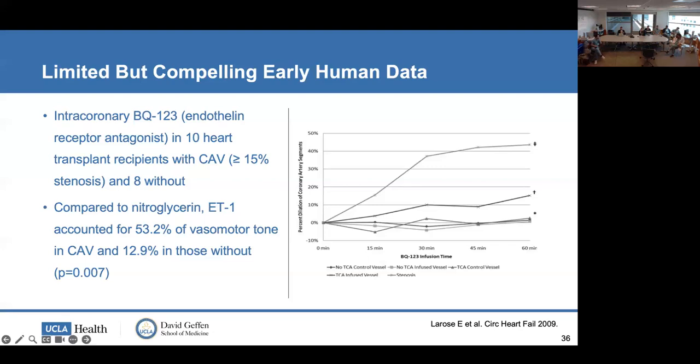What you can see here on the right is that the dilation of the vessel was higher in patients with what they called accelerated CAV, or basically having a lesion. And this line here is at the actual site of the stenosis. When they compared this to nitroglycerin, which is the maximal vasodilator we have, they found that endothelin-1 accounted for over 50% of the vasomotor tone in CAV, compared to only 13% in those without.